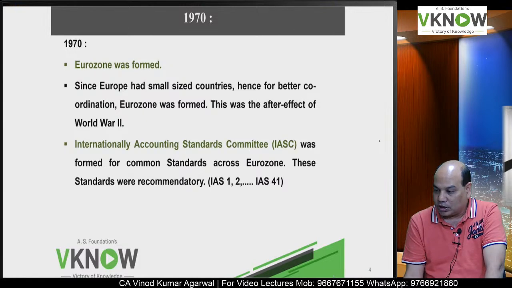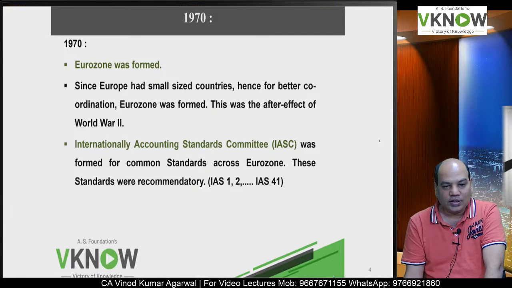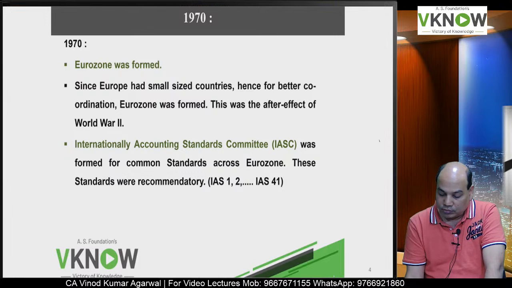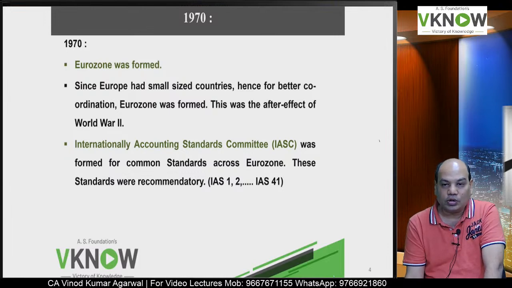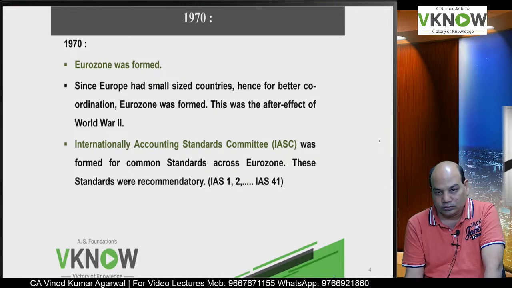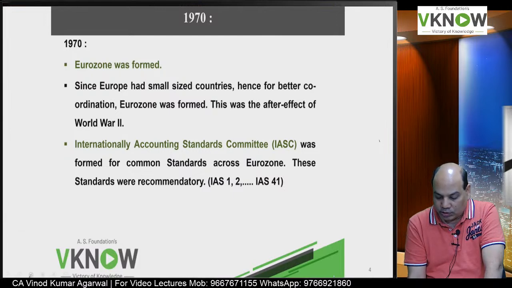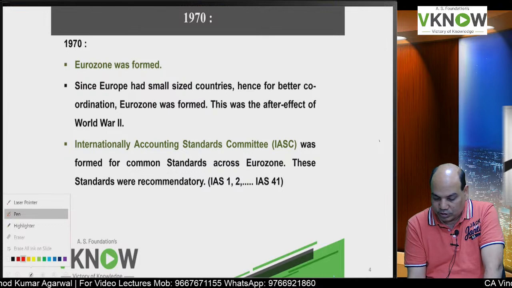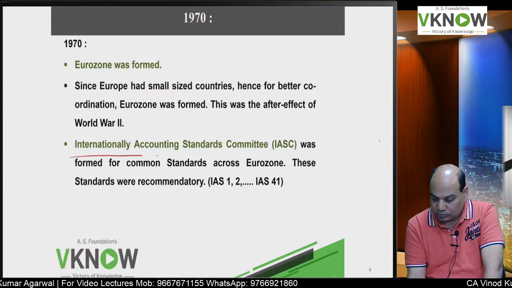Then they formed a committee called IASC, International Accounting Standard Committee, for a common standard across Eurozone. So this was the old name of IASB. We will see what is IASB also.